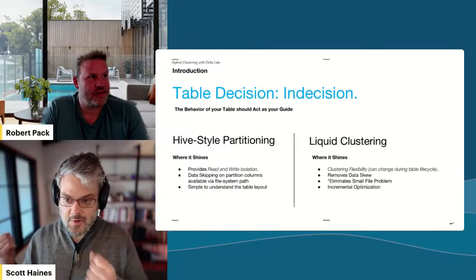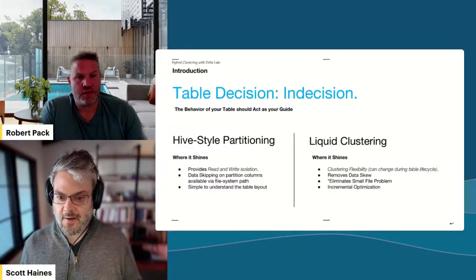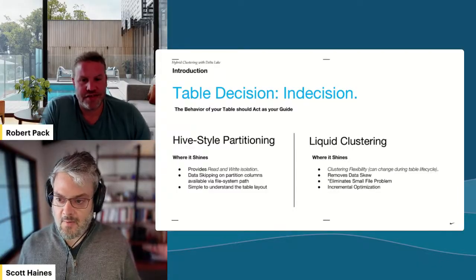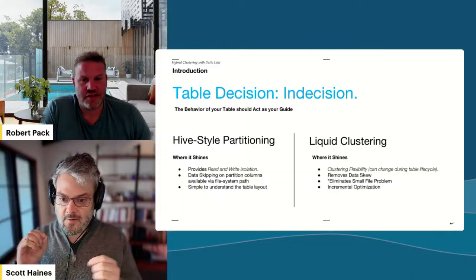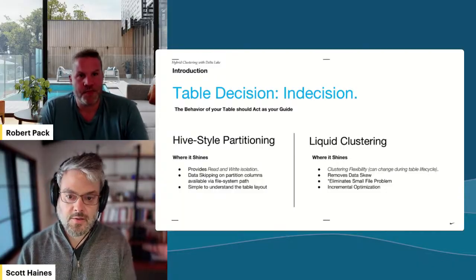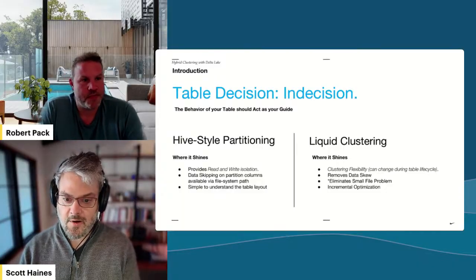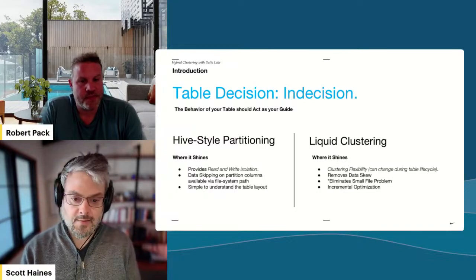We have hive-style partitioning, and while the whole talk is called hybrid clustering, we think about things in terms of what the layout looks like, and how that can create clusters to enhance our ability to query. I want my query to be as effective as possible to reduce the time from question to answer.